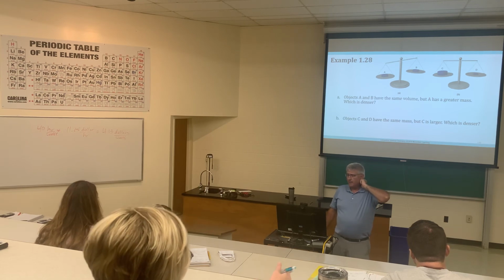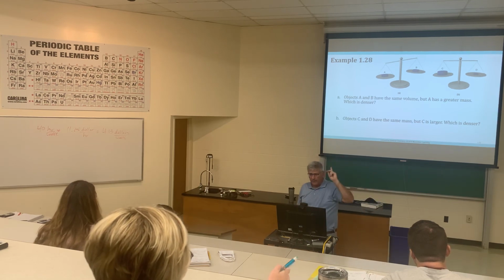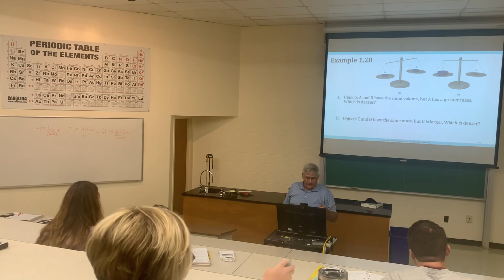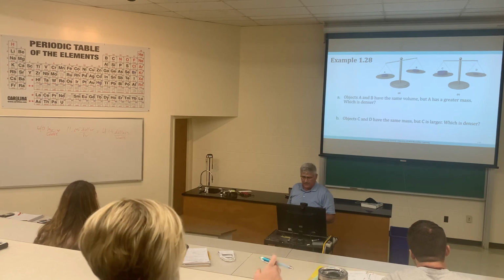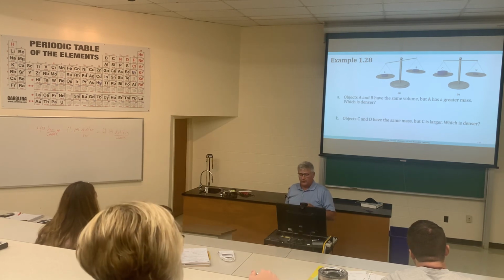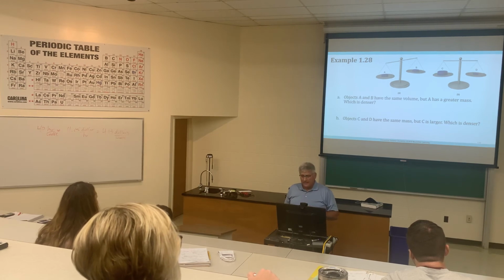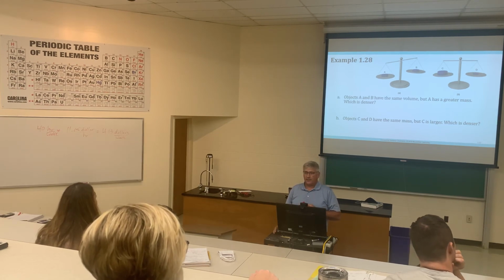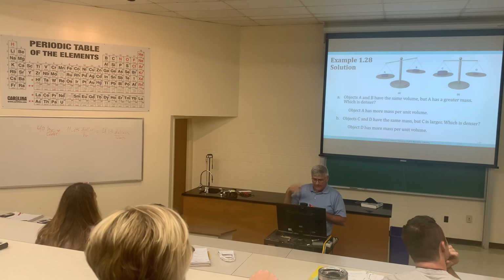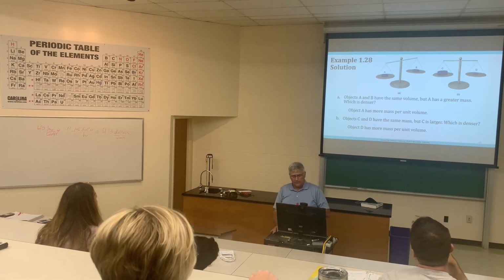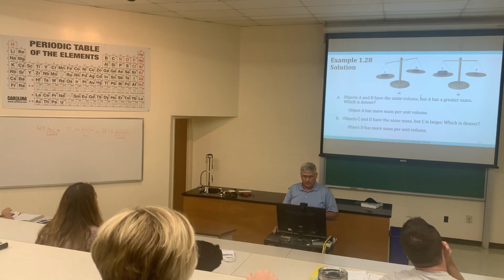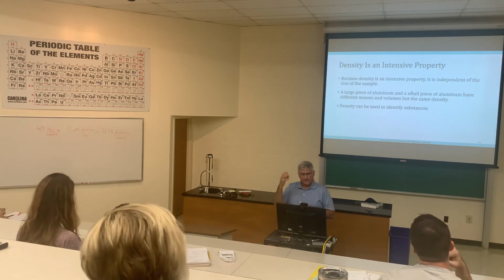You guys with me? That's what's shown on the balance up there. And then objects C and D have the same mass, but C is larger, which is more dense? D is more dense, right? So that's just an idea. Object A has more mass per unit volume than object D. So that means the others are less dense.